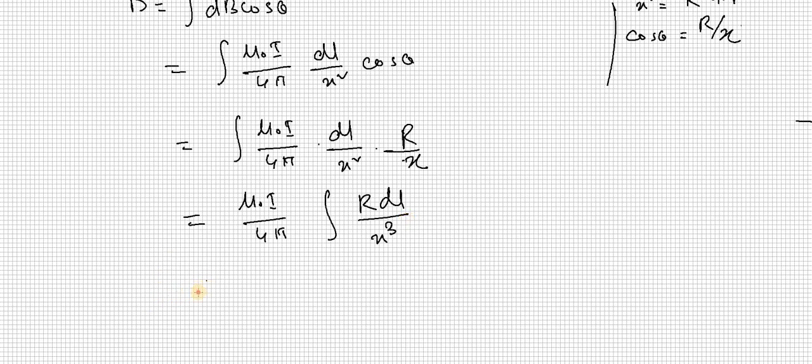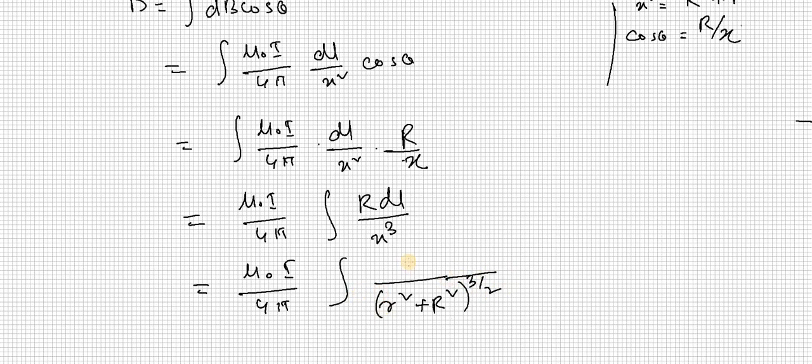So x cube can be written as R square plus r square to the power 3 by 2, times r dl.